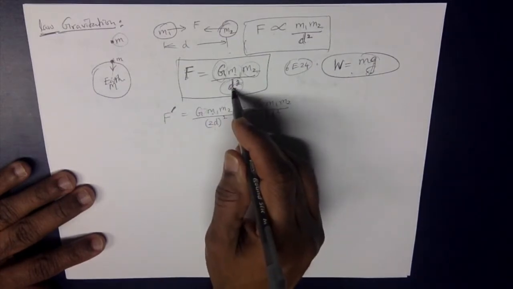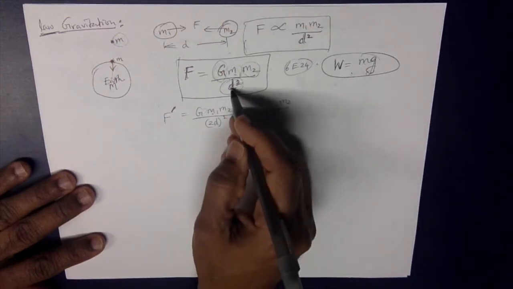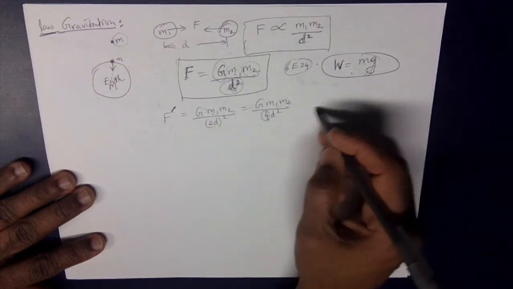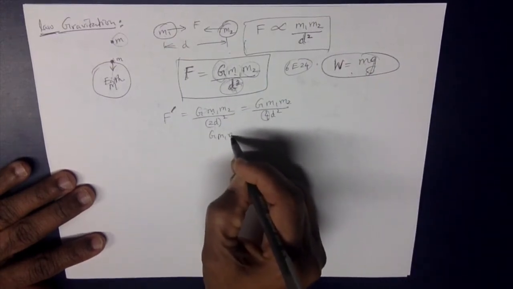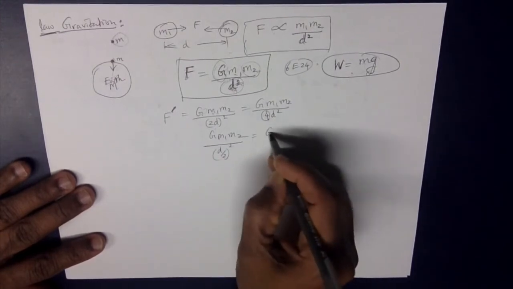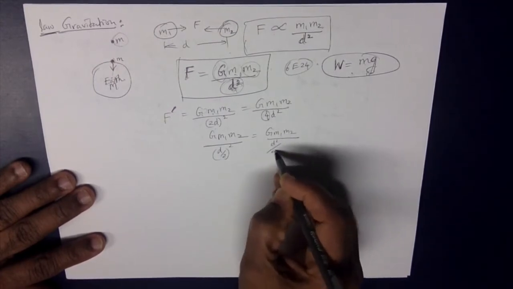Now what if the distance is halved? That means instead of D, you're going to put half of D. So if you put D over 2, like G M1 M2 over D over 2 the whole square, you'll see it is G M1 M2 over D squared over 4.